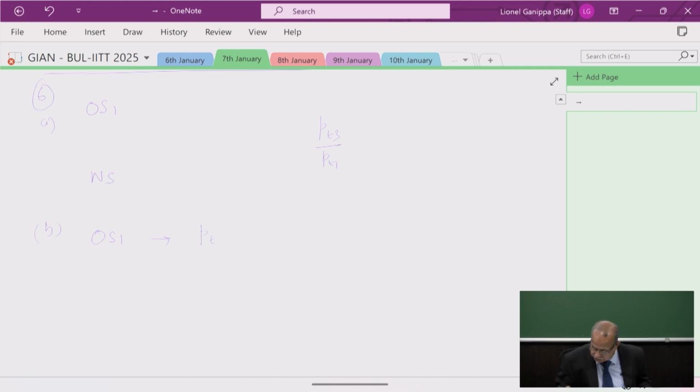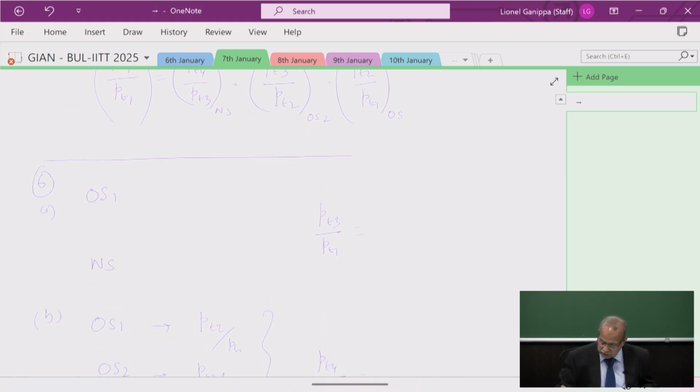Find out what is the pressure ratio PT2 by PT1. Then go for oblique shock 2. Find PT3 by PT2. Then go for normal shock. Find PT4 by PT3. Then find out what is PT4 by PT1 and compare these values. Is it clear what you should do now? Okay, you can start solving the problem now.